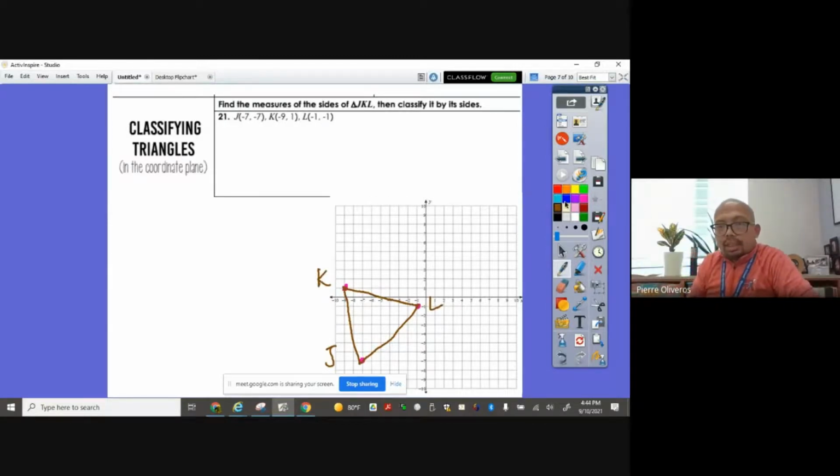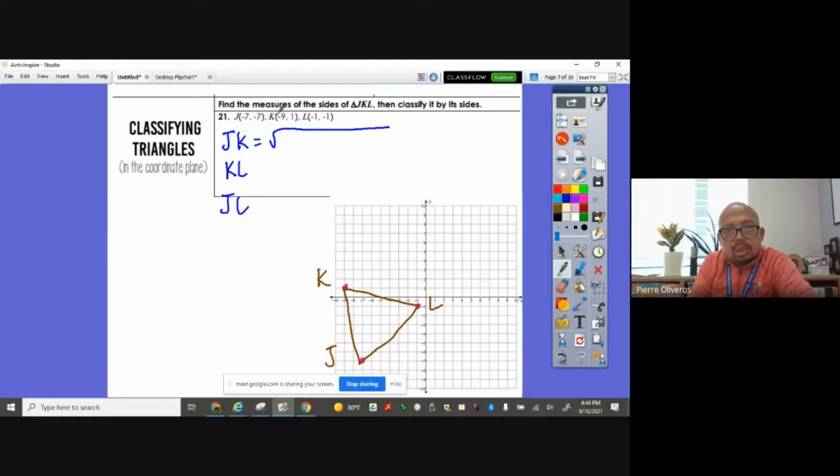I'm going to try to find the sides JK, KL, and JL using the distance formula. So let's do JK here.